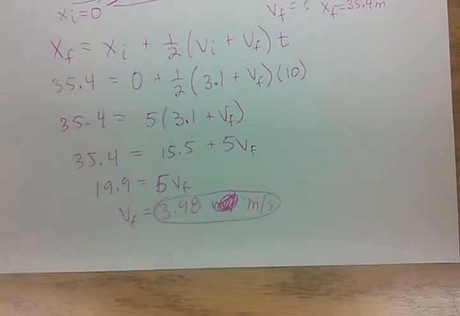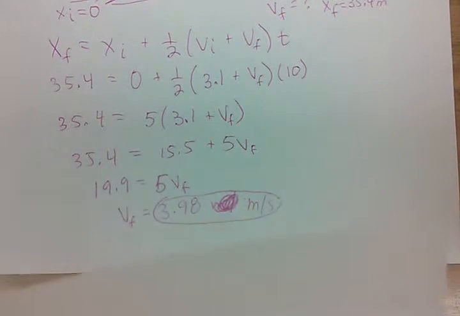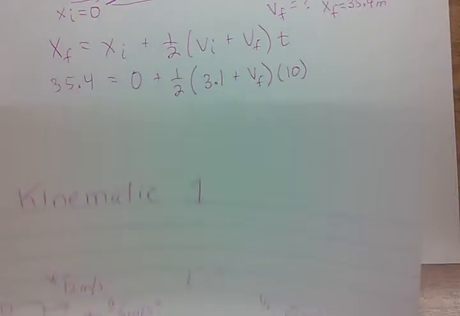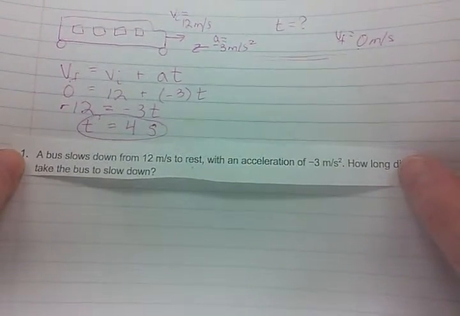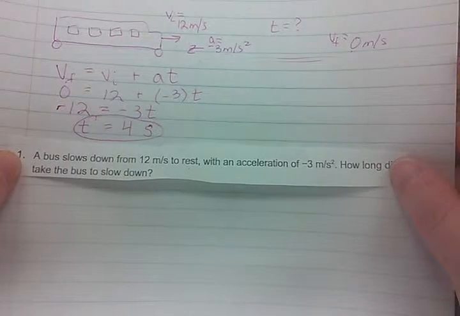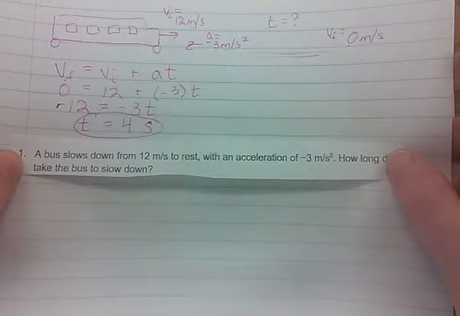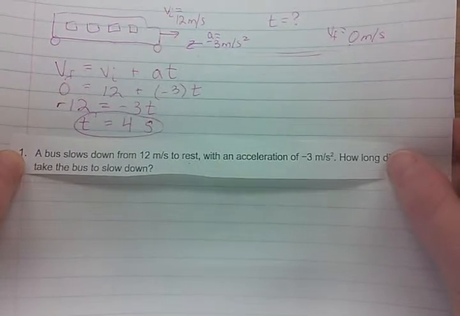Now, one thing I didn't mention in the other videos is that when you get your final answer, you should think about if your final answer makes sense or not. For example, for this first one here, how long did it take the bus to slow down? We ended up with 4 seconds. So 4 seconds, that makes sense.